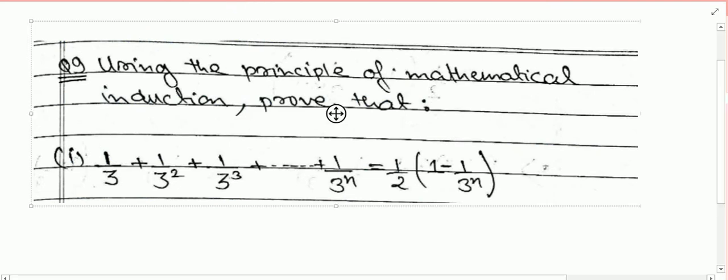Now let us see question number 9.1. Here it is saying, using the principle of mathematical induction, prove that this statement is true for all n belonging to natural number, okay.